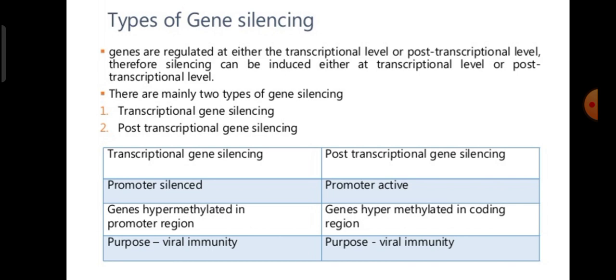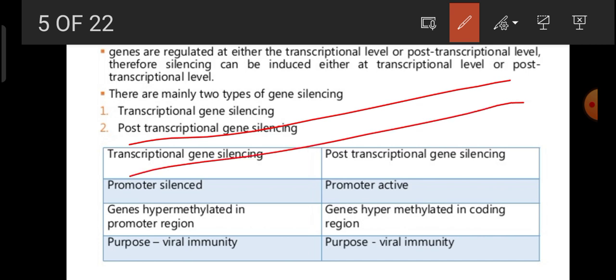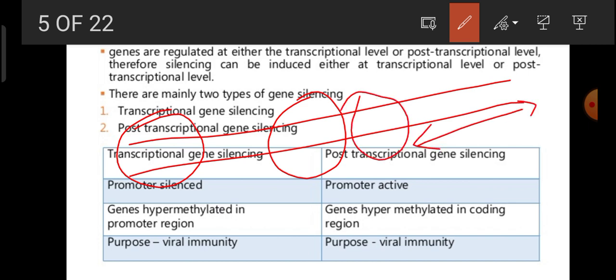In transcriptional gene silencing, the promoter is silenced. As you know, in the operon concept, you will have certain regulator genes, then the promoter, operator, then structural genes, and all those things. So in the transcriptional gene silencing process, the promoter is silenced, and genes are hypermethylated in the promoter region.